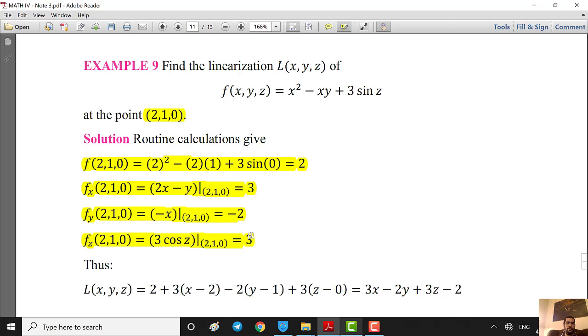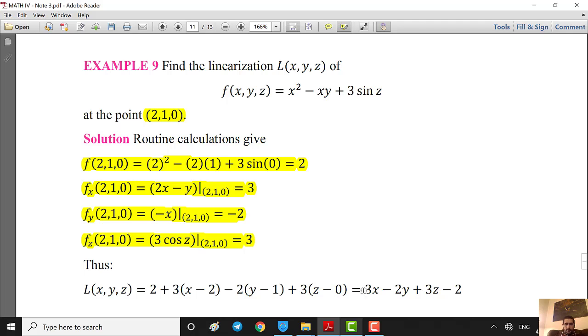So we can conclude that the linearization would be 2 plus 3 times (x minus x0), which is 2, minus 2 times (y minus y0), which is 1, plus 3 times (z minus z0), which is 0.